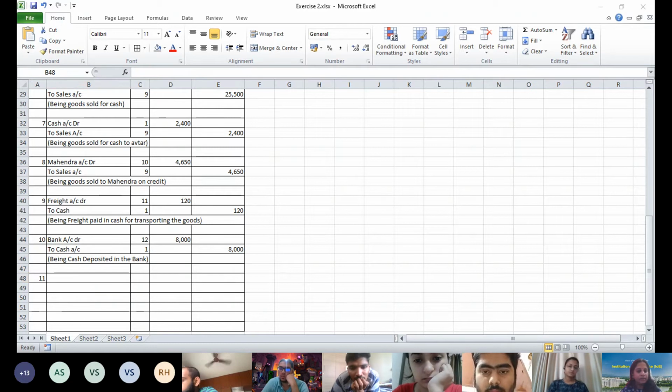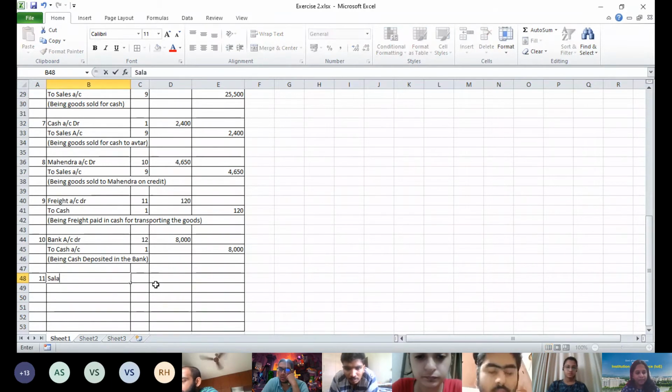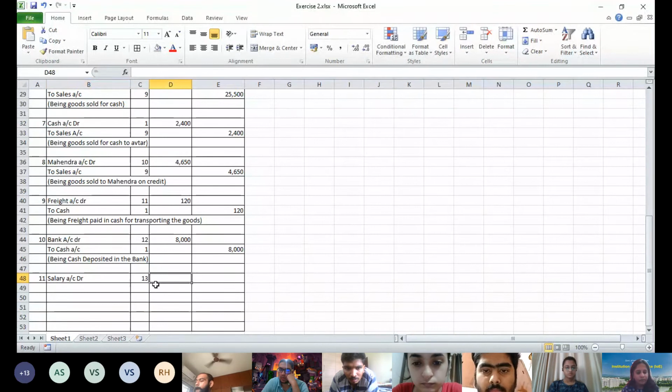I've done the 11th transaction. What is the 11th transaction? Paid salary, nominal. So salary account. Salary account debit. Give me the amount. 4,600.